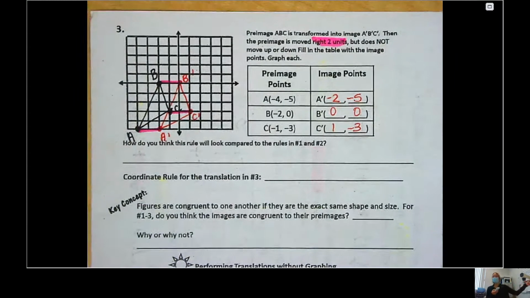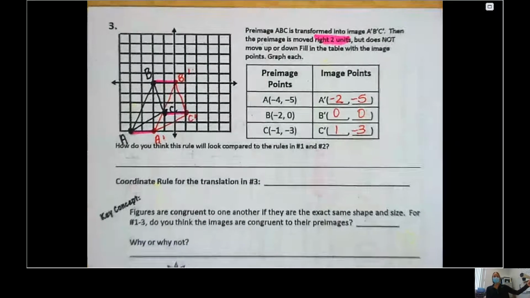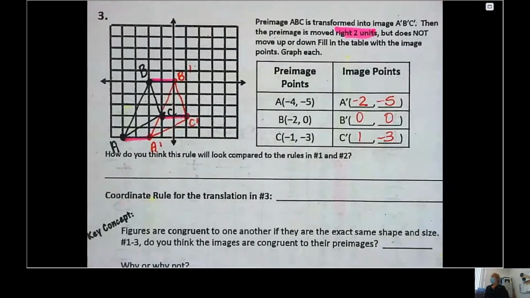All right, so does yours look like Ms. Damascus? Yeah? Okay, so it just says to the right 2, but it doesn't move up or down, right? So I'm only moving just to the right. It's not going up or down, so they should be right next to each other.